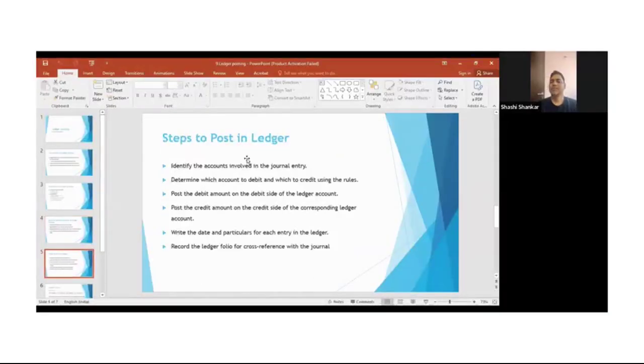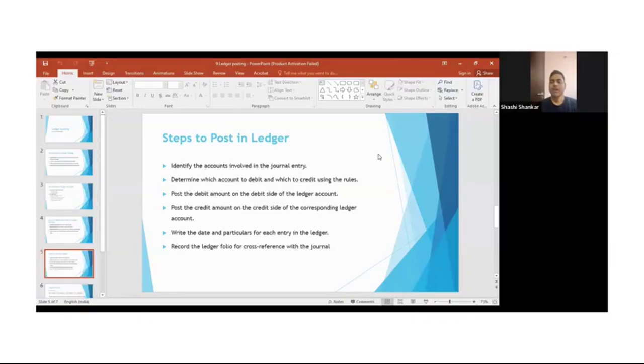Now, steps to post in the ledger. First of all, we have to identify the accounts involved in the journal entries, based upon the classification, which two accounts. After that, determine which account is debited and which account is credited and how much amount. Post the debit amount on the debit side and the credit amount on the credit side.